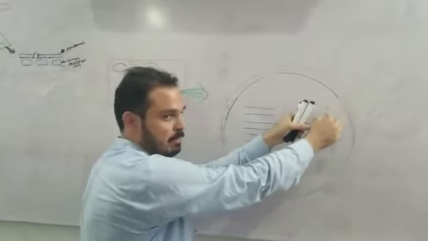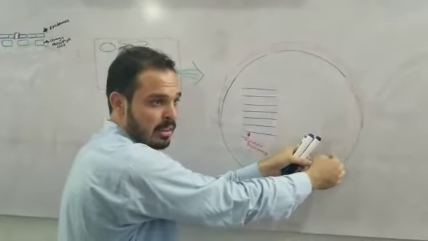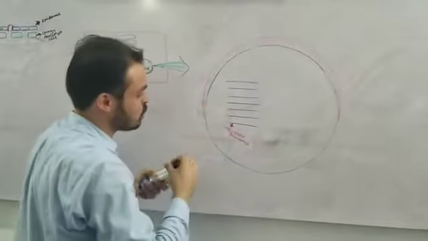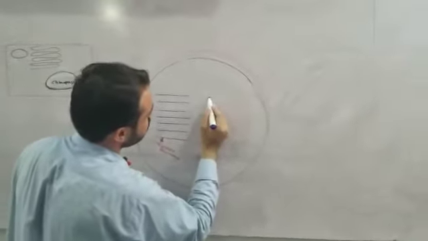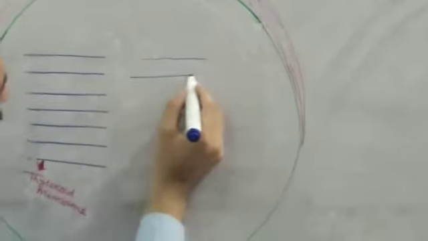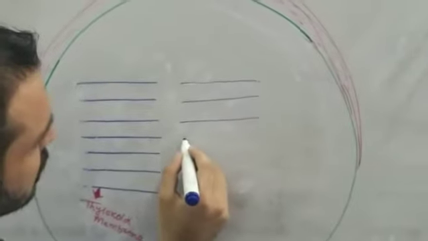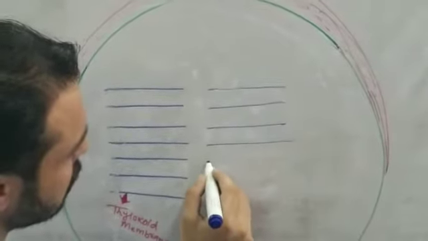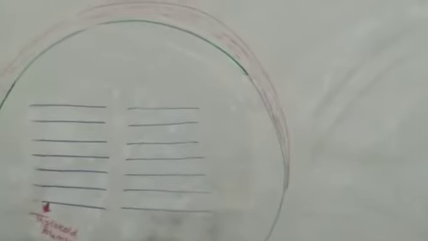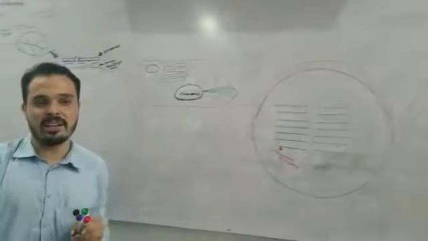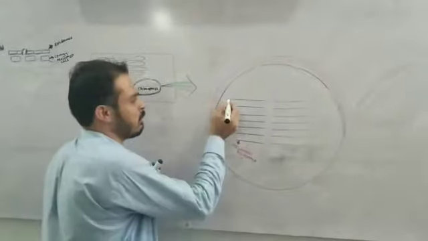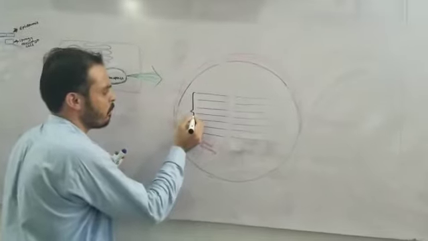Here is one granum, which consists of 50 thylakoid membranes. Here is another granum, which also consists of 50 thylakoid membranes. Now, a very important point: the single membrane is called thylakoid membrane, and when 50 thylakoid membranes combine with each other, it is called granum.